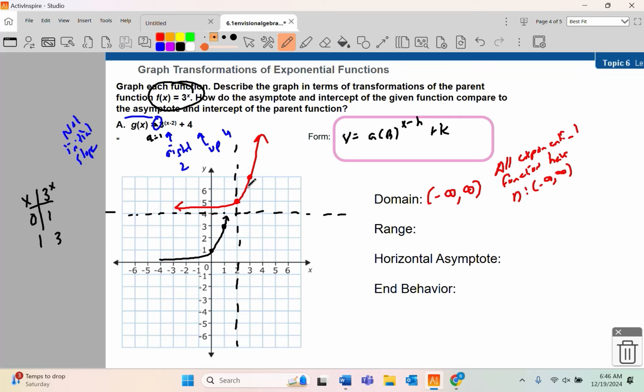So on this exponential function, the lowest y value happens to be ridiculously close to the horizontal asymptote. It's 4, and then it rises to infinity. The end behavior, as x runs left to negative infinity, y is approaching 4, because see it's fallen. And as x approaches infinity, it is increasing.